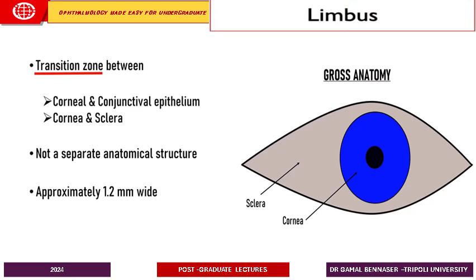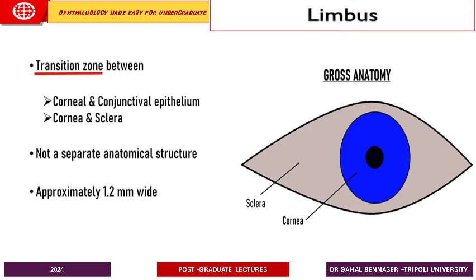It is an important landmark from a surgical point of view, and it is also very important to understand its role in the healing of the cornea, as well as in the different surgical procedures done within the eye.